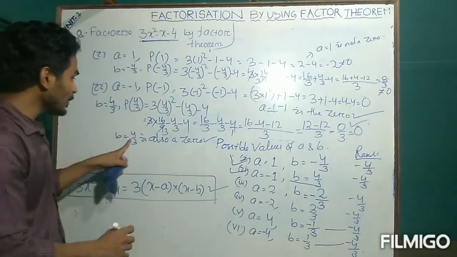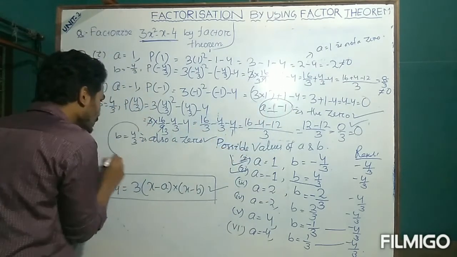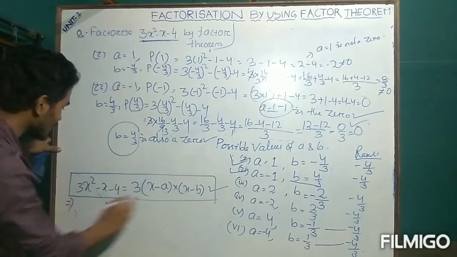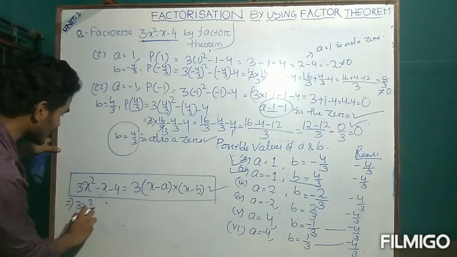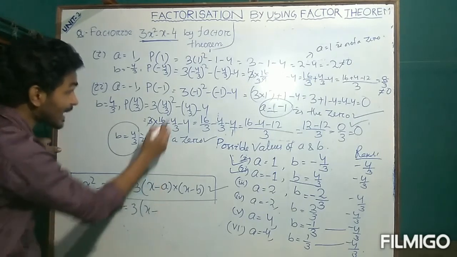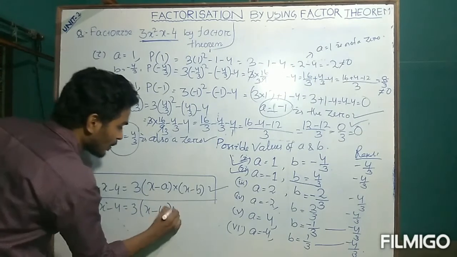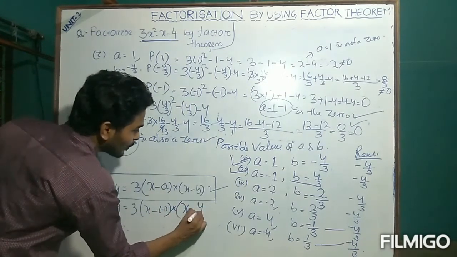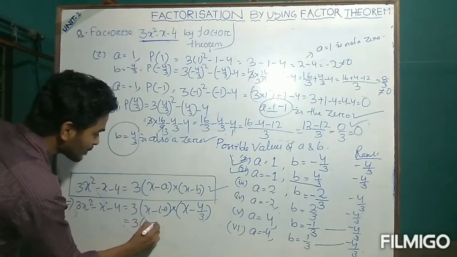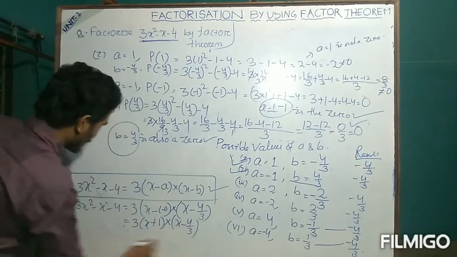Now here we get a is equal to minus 1 and b is equal to 4 by 3. So now put the values of a and b in this equation. We will get 3 times (x minus a), where a is minus 1, so (x plus 1), times (x minus 4 by 3).